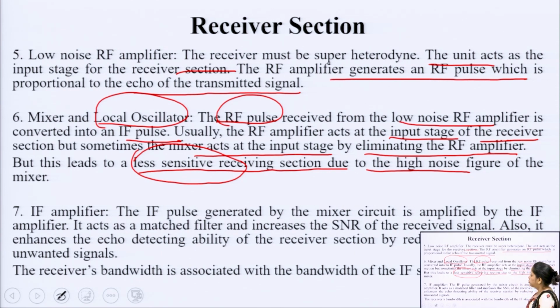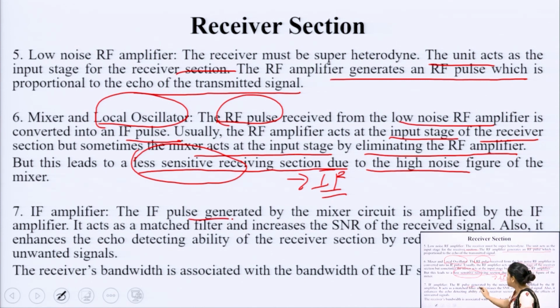Now, by getting the signal from our low noise RF amplifier, that is our incoming signal, and getting the signal from the local oscillator, what are we getting? We are getting our IF signal. Now this signal has to be amplified.